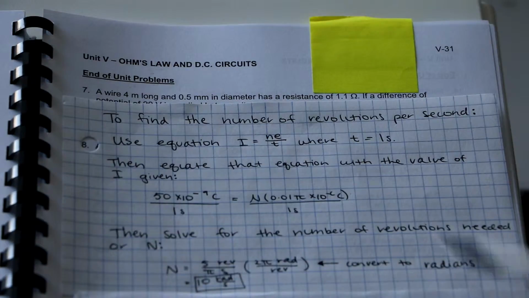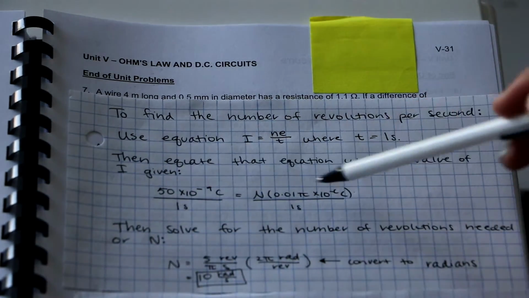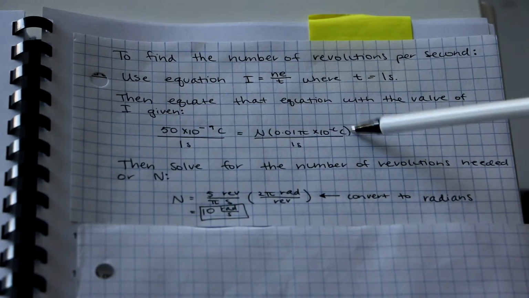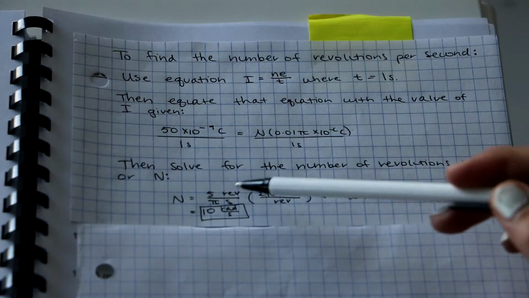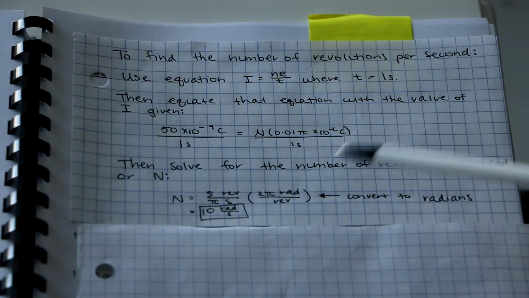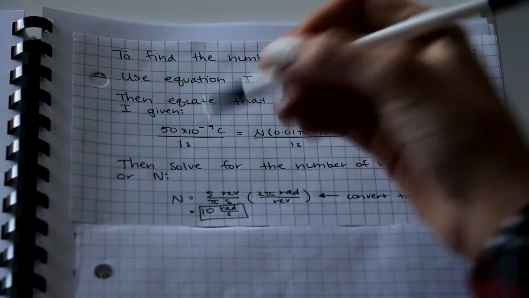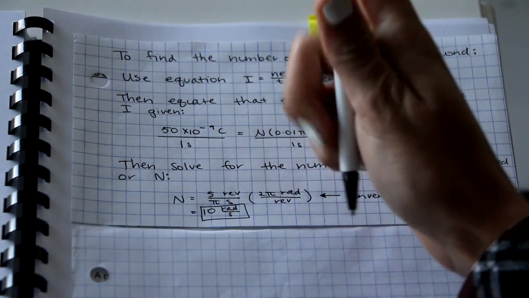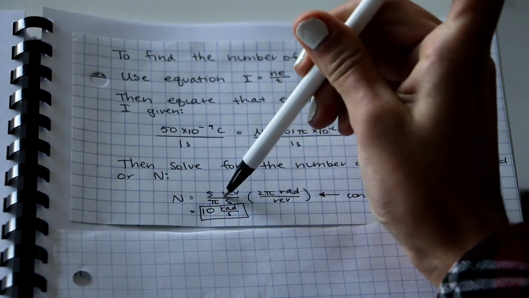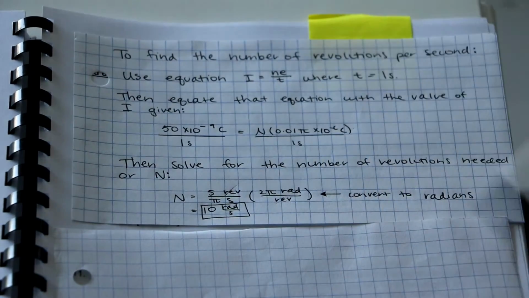So it's just this 50 divided by the charge, which is 5 revolutions per second, and then you have to convert it to radians per second, so the revolutions actually cancel out. Revolutions, and then it gives you 10 radians per second.